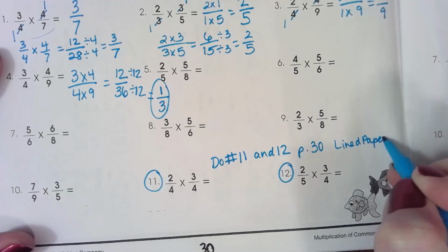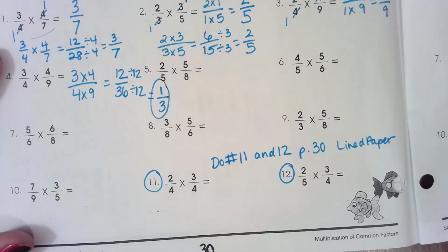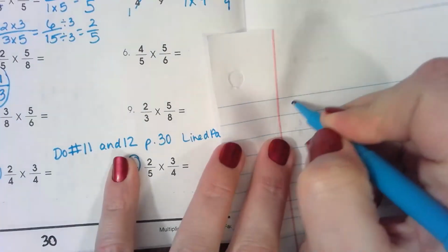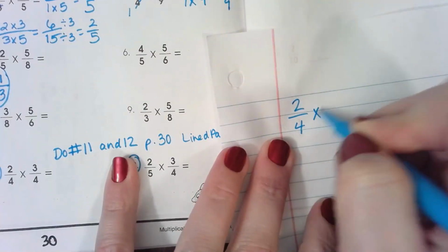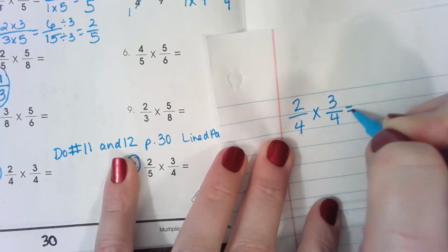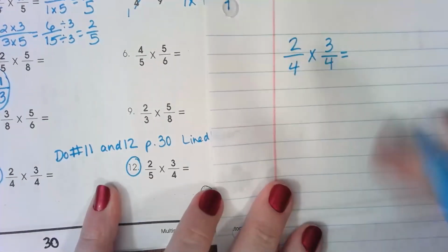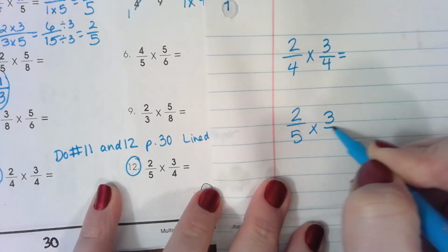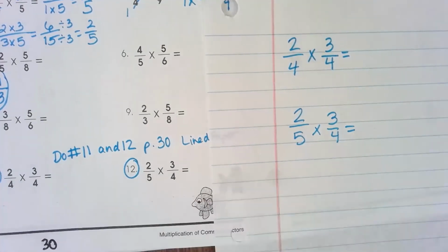Do those on lined paper, and then turn them in when you're done. So on lined paper, let me just rewrite them. 2/4 times 3/4, and 2/5 times 3/4. Simplify your answers.